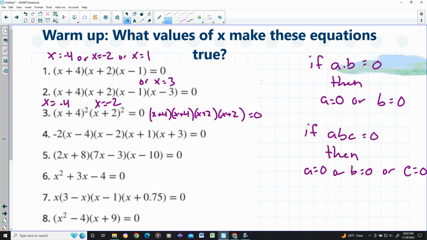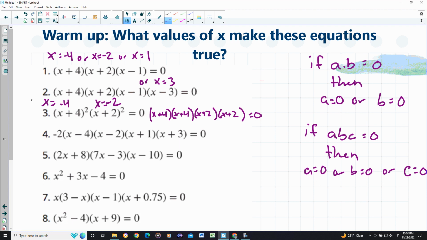But because of the repeat of the 4s, I don't have to say x equals negative 4 or x equals negative 4. Just having one negative 4 is good enough to make this expression equal to 0. So when you have a factor that's squared, it doesn't change the x-intercept. Now, it does change the behavior of what the function does at that point, but that's a story for another time.